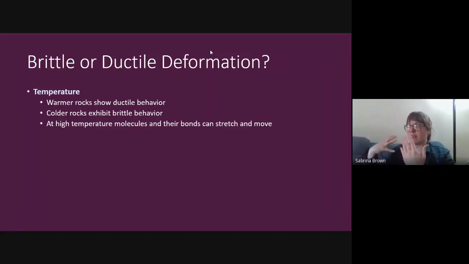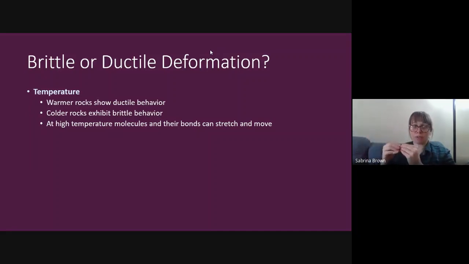I think this kind of makes sense in our heads. Warmer things tend to be more ductile, colder things tend to be more brittle. Plastic behaves this way as well, where warmer plastic tends to be more ductile, but if things get cold in temperature, then they can behave more brittlely, right?